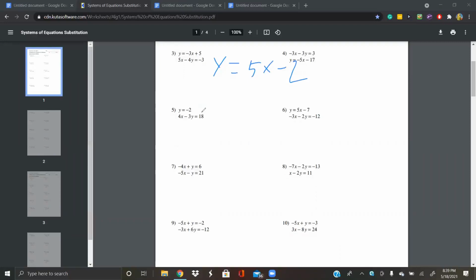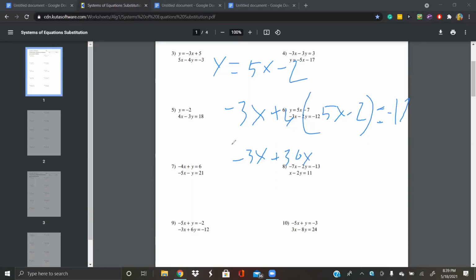So that leaves us with -3x plus 6, and then in parentheses, 5x minus 2 equals -12. So then we're going to multiply what's in the parentheses: 6 times 5 is 30, so plus 30x, and then 6 times -2, -12, so minus 12 equals -12.